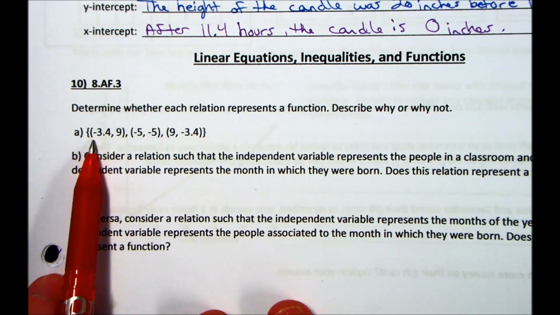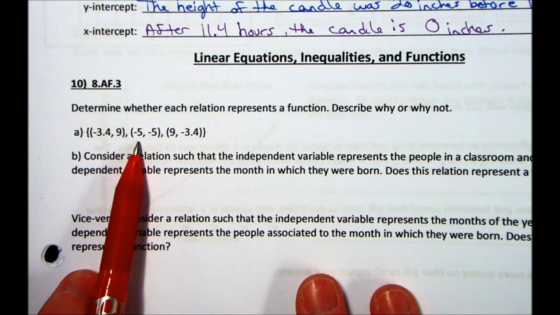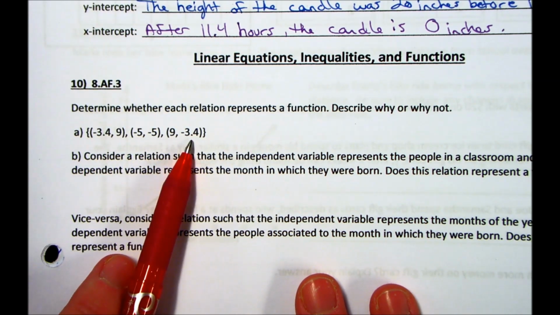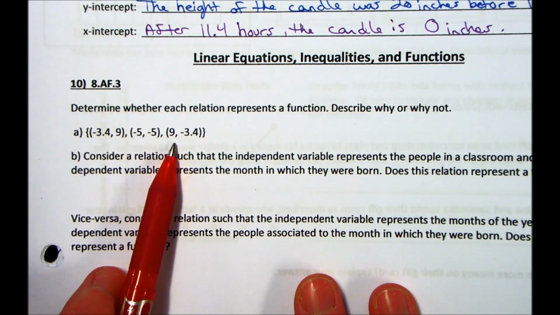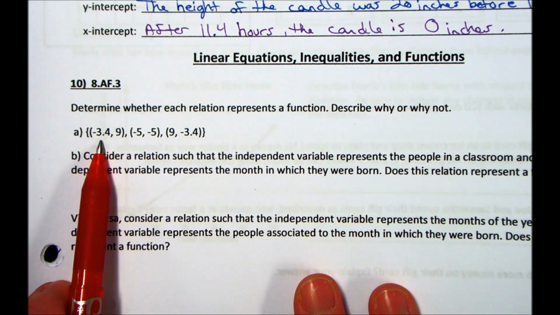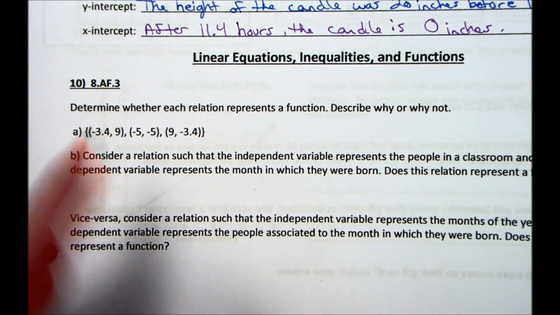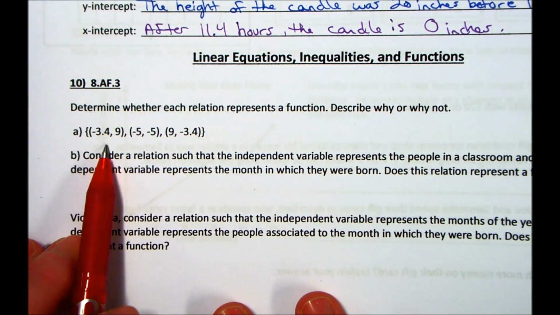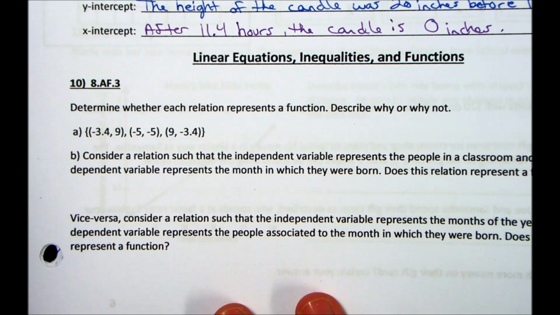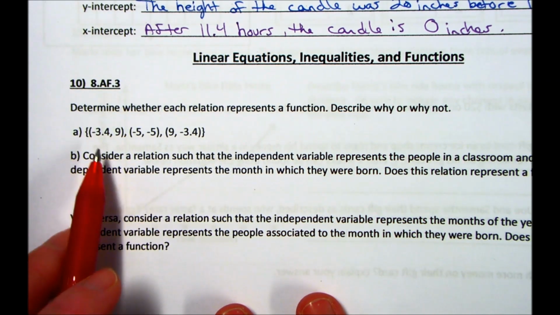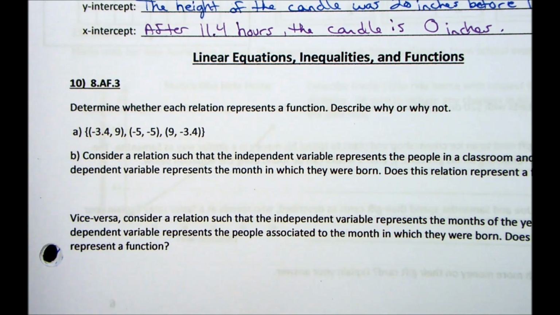If you're given a list of ordered pairs, it's just the x values that you need to look at. So if the x values are all different, then you do have a function. It's basically each input has to have exactly one output, is another way of putting it. So it cannot have more than one.